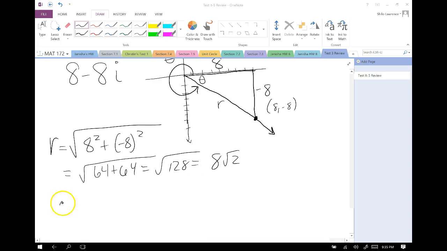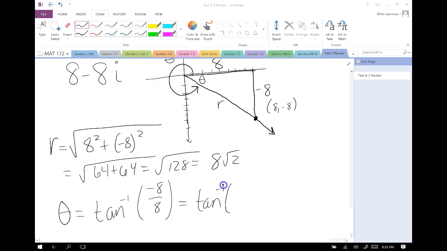Now for theta, that one's kind of tricky. You do tan inverse of the y over the x, which is tan inverse of -1. Now your calculator is going to tell you that's -45, but MyLabs Plus is probably not going to take -45 degrees because -45 is what we would do clockwise. So to get the angle counterclockwise, that would be a coterminal angle. We add 360 to it, which is 315.